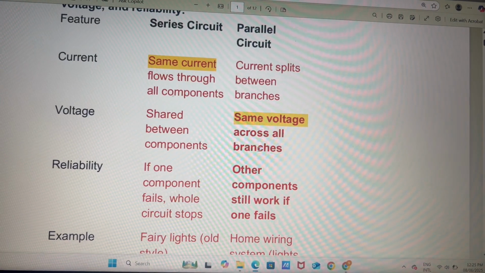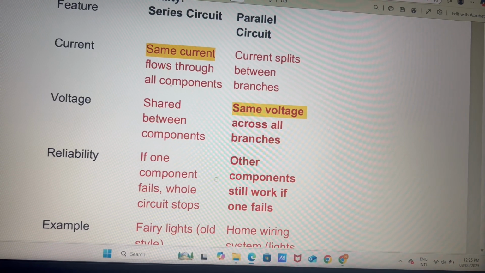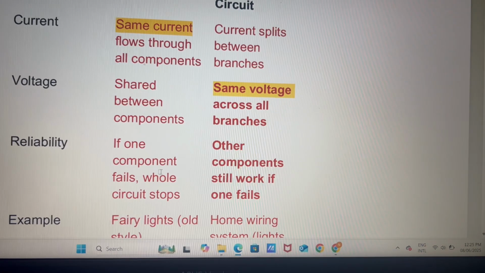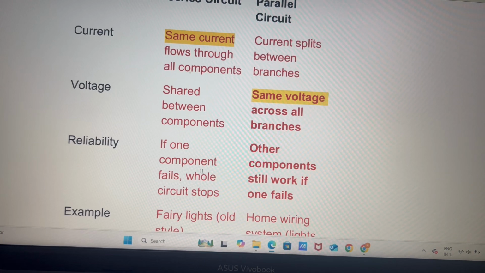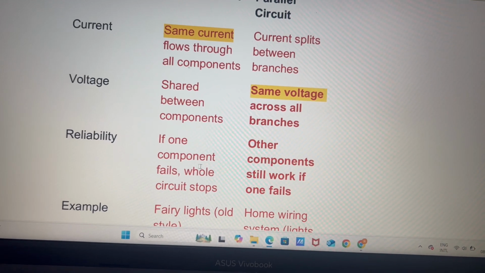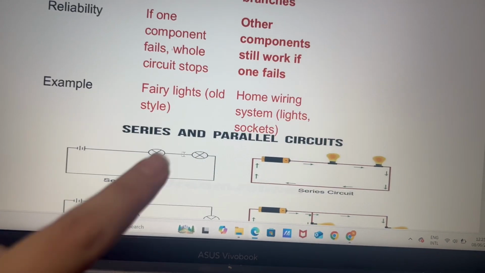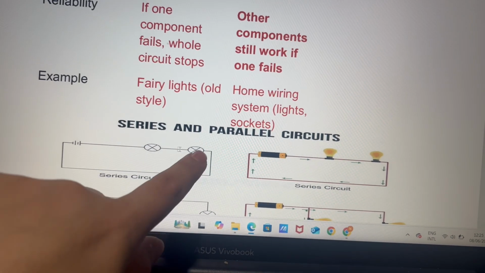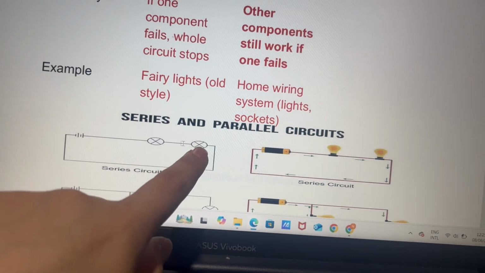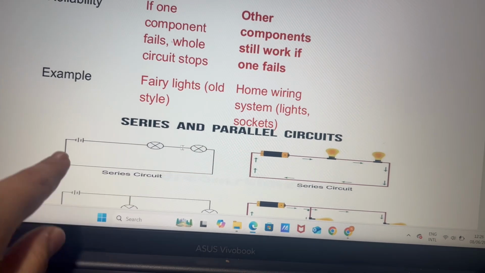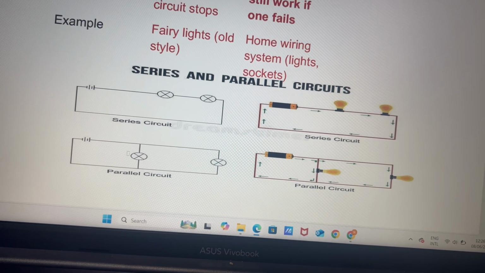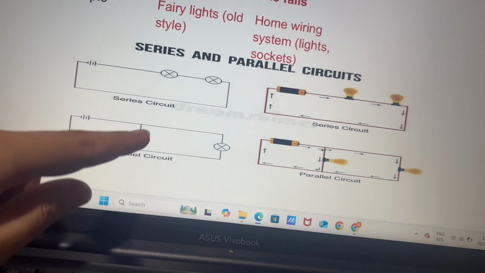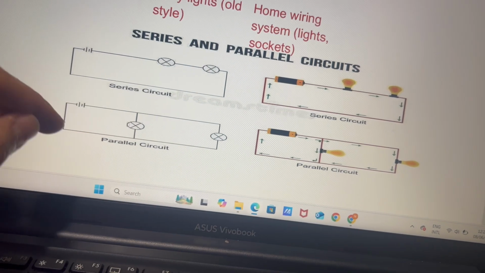Also, the series circuit is not so helpful in real life, because if one component fails, if one component breaks, if we break this bulb, the entire circuit will stop. If this bulb fails, the other bulb will also stop, because they're all in one loop. But for the parallel circuit, it's not the same thing. Every bulb has its own path or its own branch.